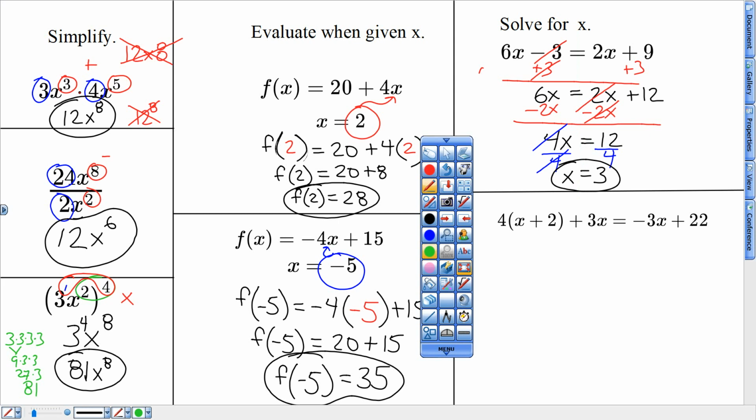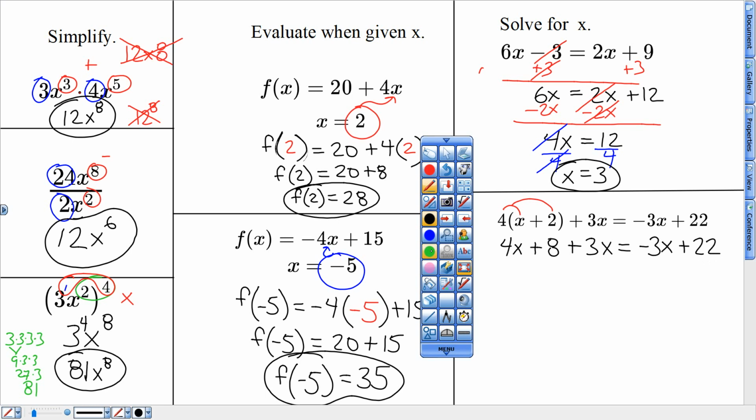For this one, I need to distribute first and combine like terms. This is distributing. I'm multiplying 4 times x, and I'm multiplying 4 times 2 to get that crucial 8 right there. Then I write plus 3x. Everything else, I'm just writing the same exactly as is because I haven't touched it yet.